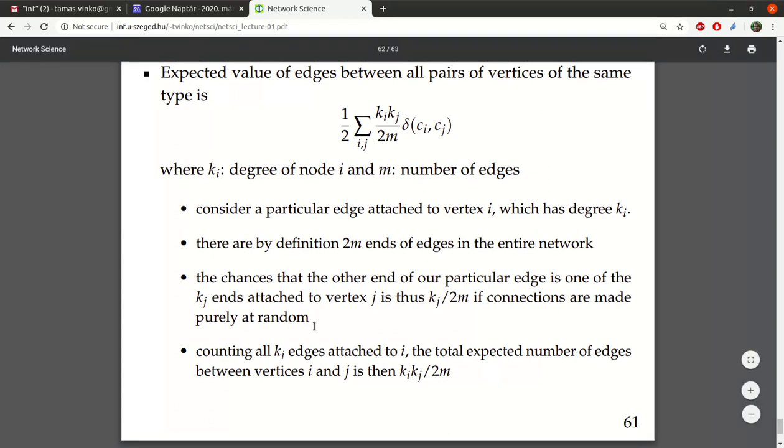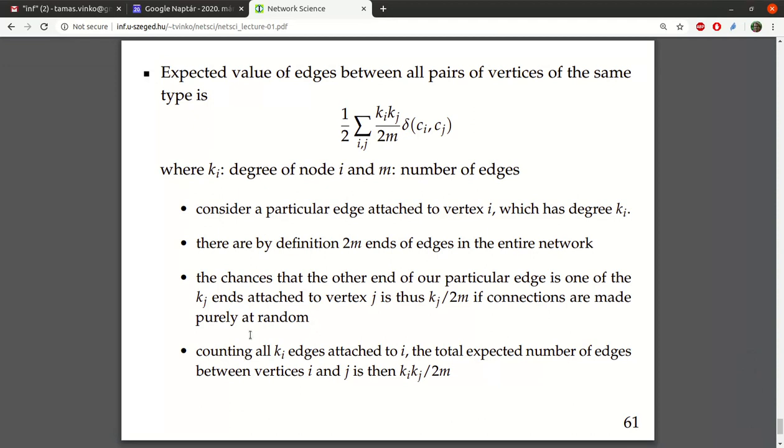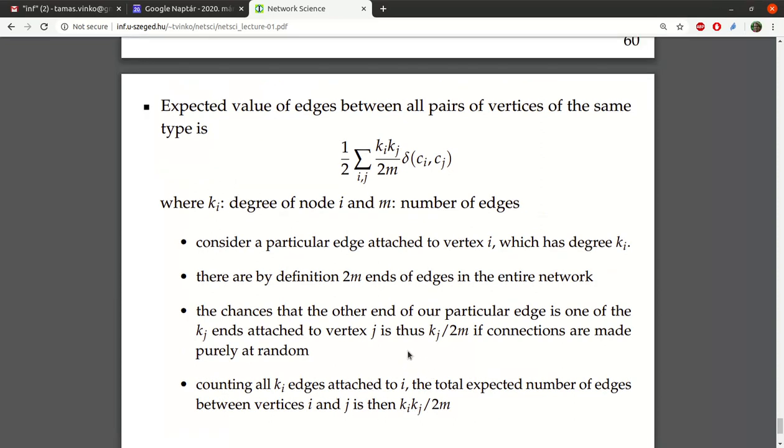Now what remains is that we have to count all these ki edges which are attached to our vertex i. So the total expected number of edges between vertices i and j is then ki times kj divided by 2m. So this is here in the formula.